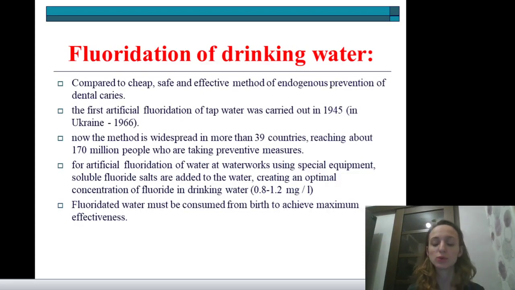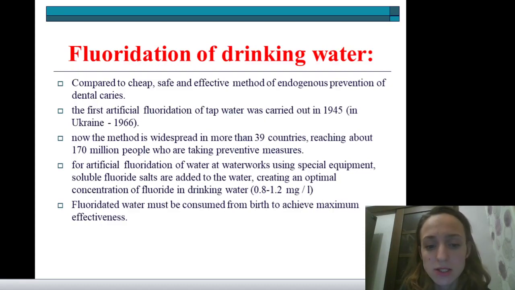Fluoridation of drinking water: you should know about this method because it is comparatively cheap, safe, and an effective method of endogenous prevention of dental caries. The first artificial fluoridation of tap water was carried out in 1945, and in Ukraine it was used in 1966.